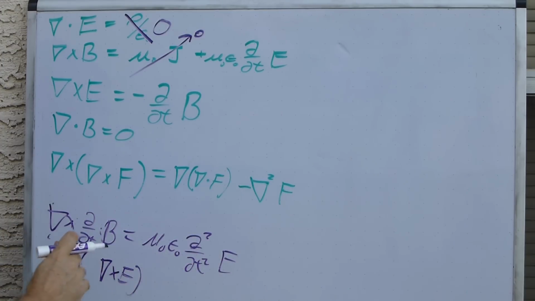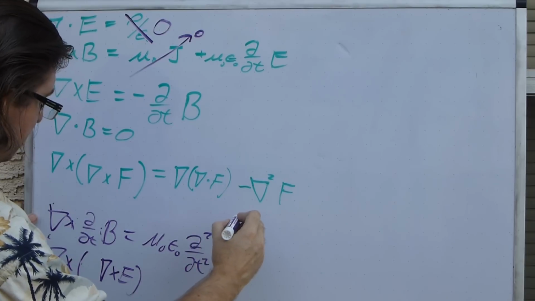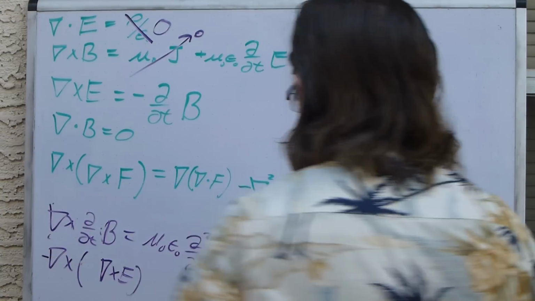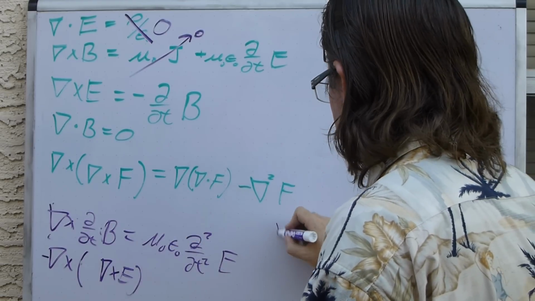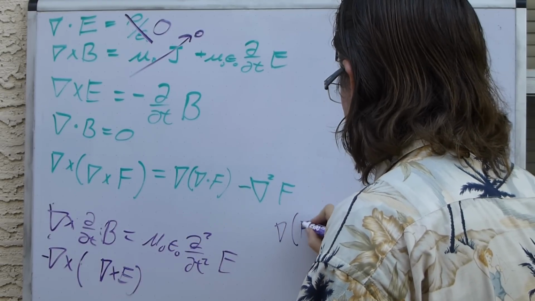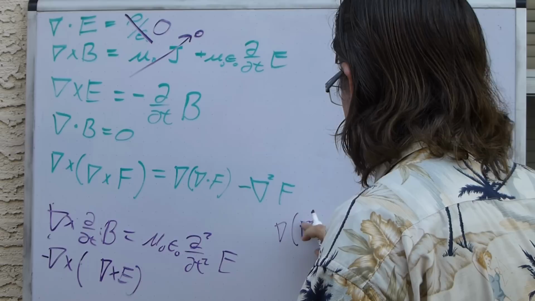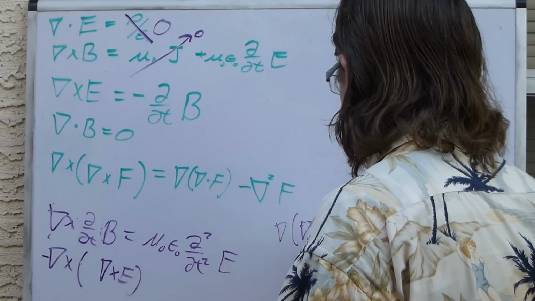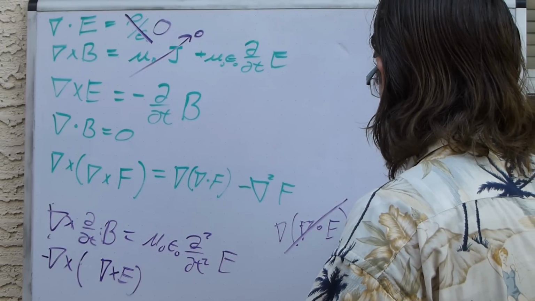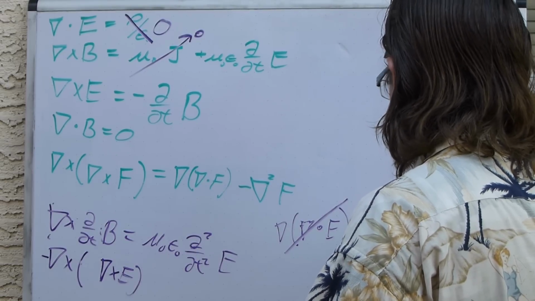Curl of a curl is the gradient of the divergence of the electric field, which we decided in this case is going to be 0, minus the Laplacian of the electric field.